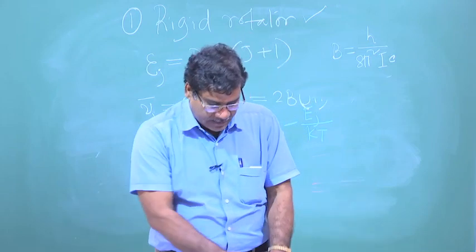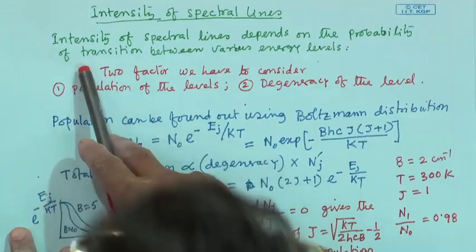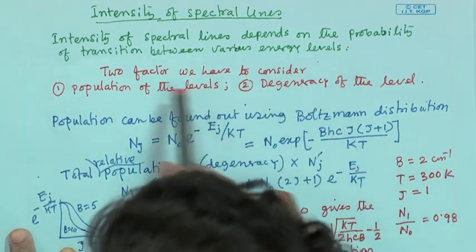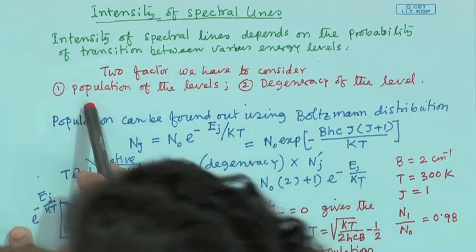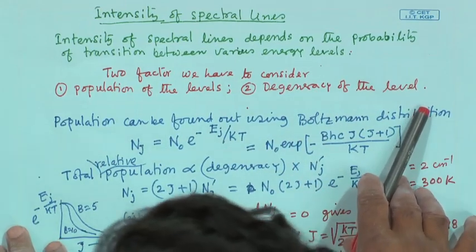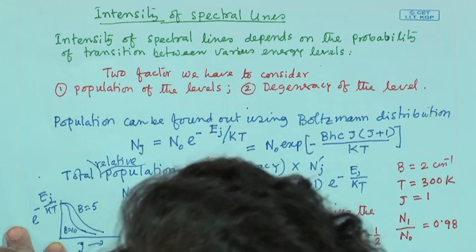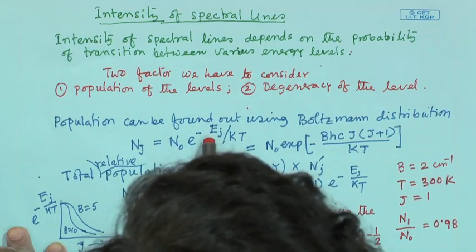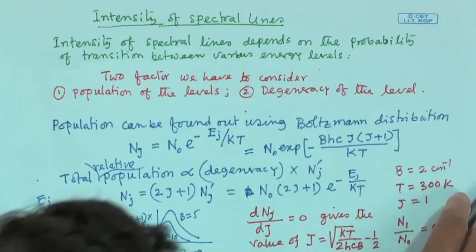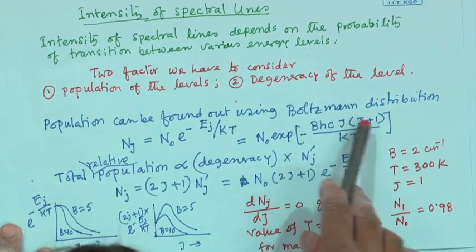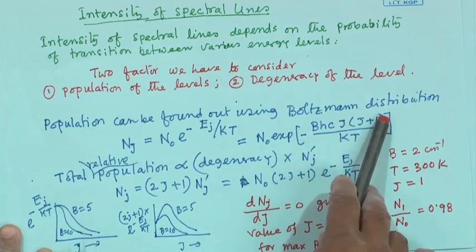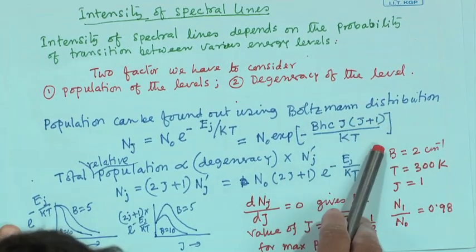The intensity of a spectral line depends on the probability of transition between various energy levels. That is true. So two factors we have to consider: one is the population of the levels, and another is the degeneracy of the level. So Nj is basically the Boltzmann factor in Ej. I have written it here as an expression: BJ(J+1), which was in wave number, so you have to multiply with hc, then it will be energy. So BhcJ(J+1) by kT.